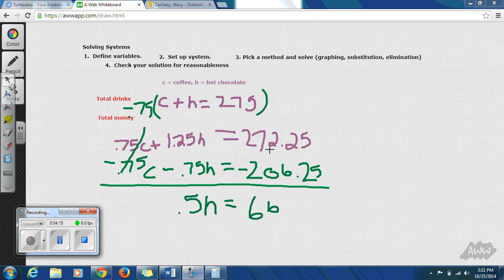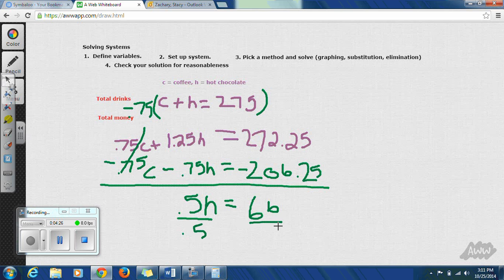And 272.25 minus 206.25 leaves me with 66. Now to get H by itself, if I divide both sides by 0.5, 66 divided by 0.5 is 132.